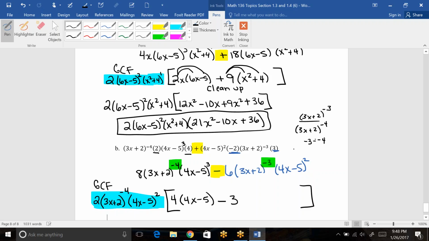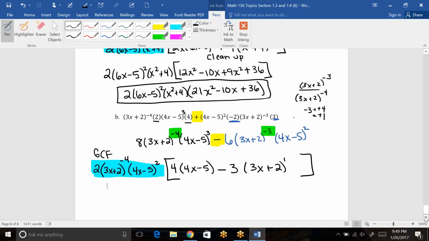Negative 3 minus negative 4 is actually positive 1. So my new exponent, once I pull this out, is going to be positive 1. And if you think about that on a number line, you're moving 4 places back to the right if you were at negative 3. So it is a little strange, but you just have to think, whatever I'm pulling out, I need to subtract from this power. And then let's continue on and finish this out.